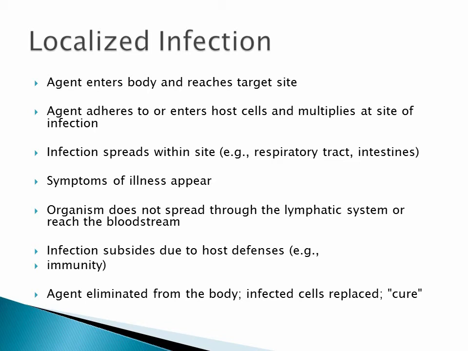The organism does not spread through the lymphatic system or reach the bloodstream, so it doesn't go further from that site. The infection subsides due to host defenses, for example, our immune system response, and then the agent is eliminated from the body.